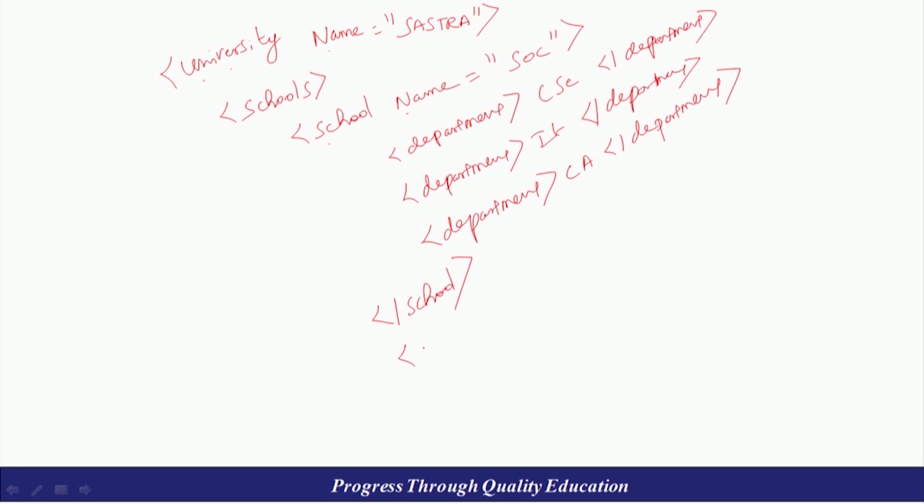The same way I would like to have another school. Okay, it does not carry any child elements. I want to keep it as empty. School, I don't want to keep any information. There is no text, there is no child element, there is no attribute. So I'd like to keep it like this, slash school.